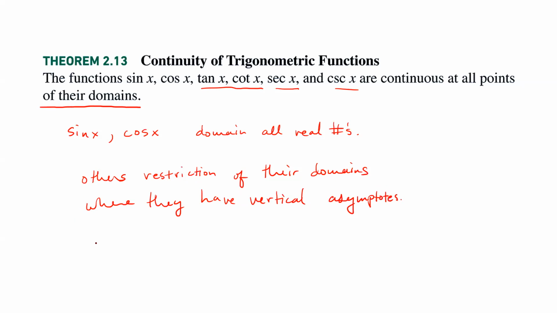So like where tan is sine over cosine, right? It'll have vertical asymptotes where cosine is equal to 0, right?